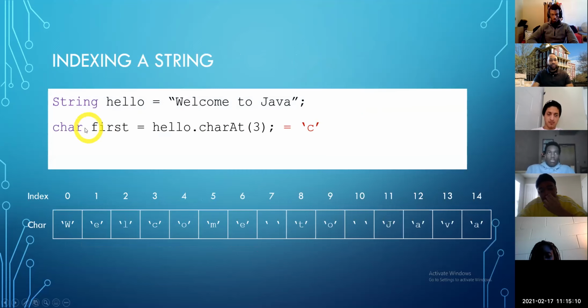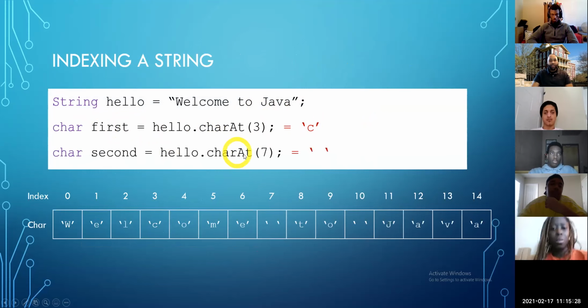So we do char first equals hello.charAt(3). It should return 0, 1, 2, 3, a C, right? If we do index 3, it should return a C. If we do index 7, it would be that space, because those are our indices, 0 through 14.